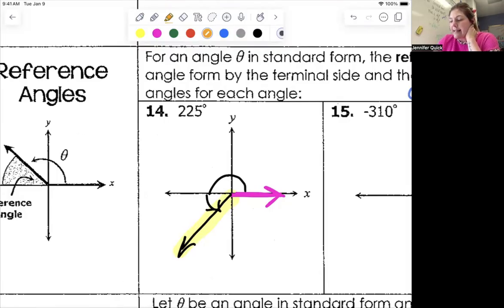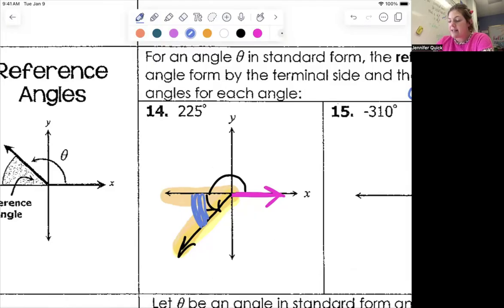Now, what I'm creating is the small acute angle that is in between this terminal side and the closest x-axis. So let's think for a second. If I continue going this direction, that x-axis is not as close as this x-axis. And so a reference angle is the angle that is created by that terminal side and the closest x-axis.